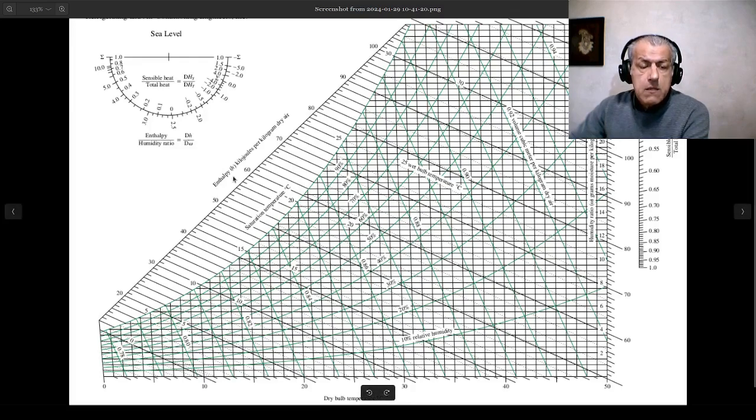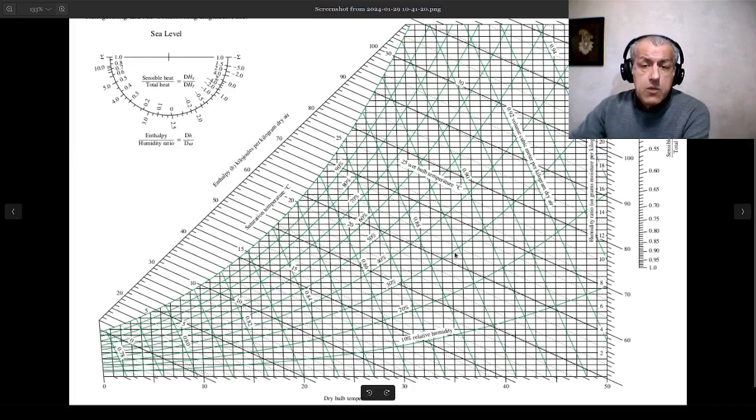These are all values for enthalpies, and as you see, they have assumed 0 centigrade as their base for enthalpies and put different values for enthalpies of the mixture per kilogram of dry air on this line.